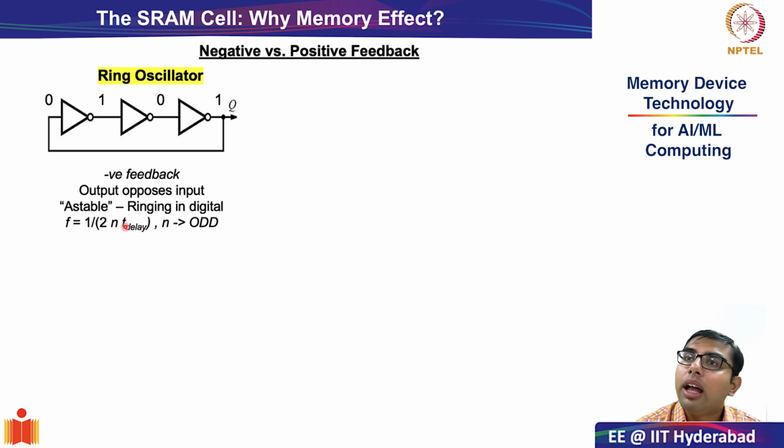Okay? At this juncture, it may be a very interesting question to ask. Can you think of a real life physical system which also behaves like this? A real life physical system which has a ringing effect, or it is astable. What is the meaning of astable?